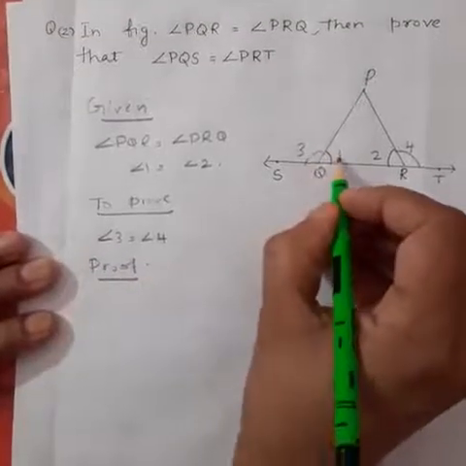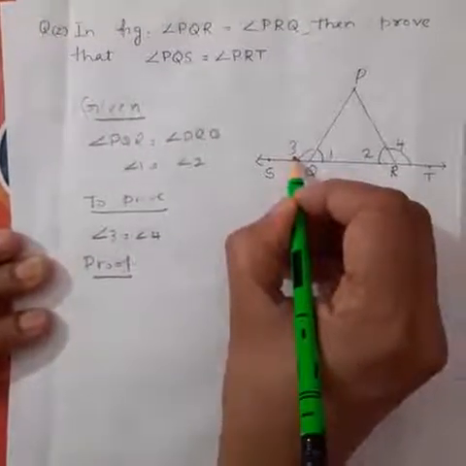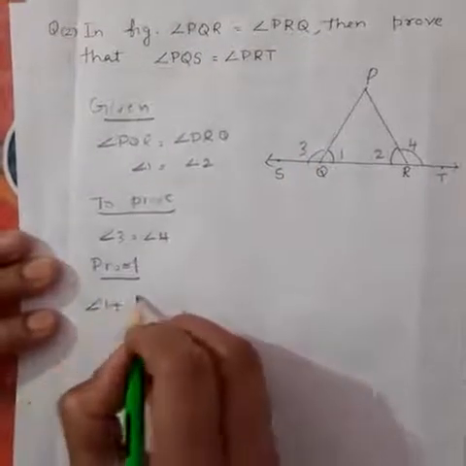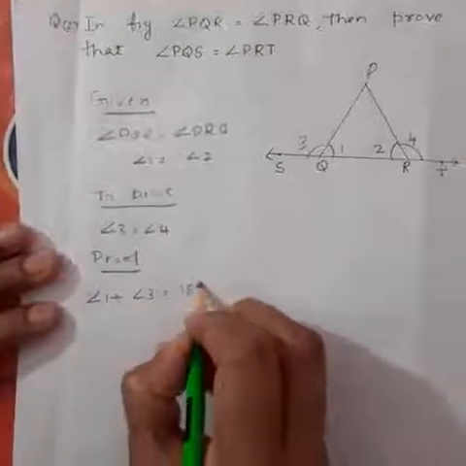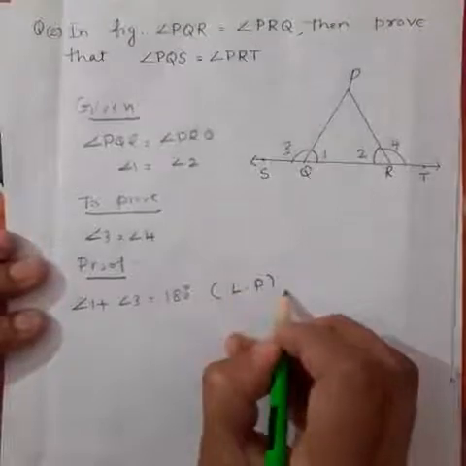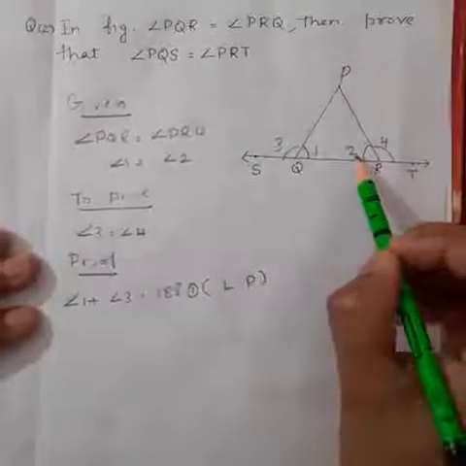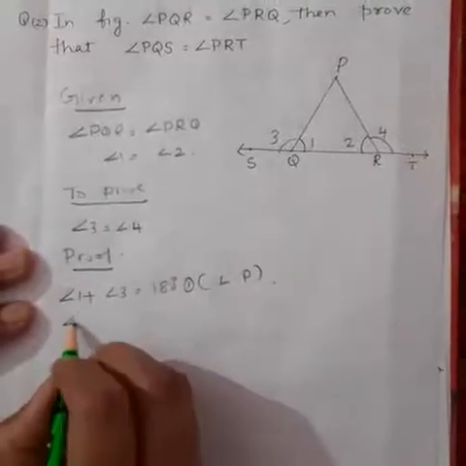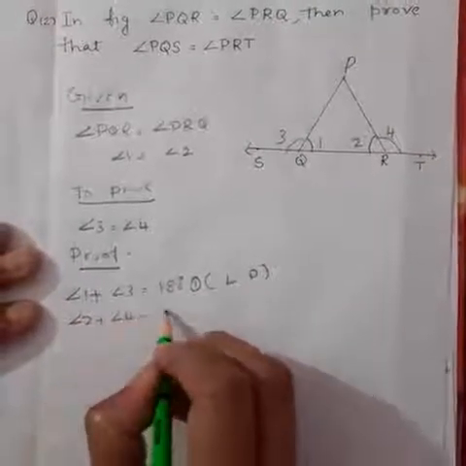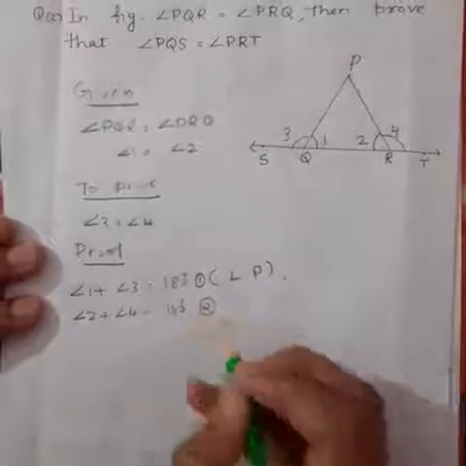Now, I told you angle 1 plus angle 3 is equal to 180, linear pair. Equation 1. In the same way, angle 2 plus angle 4 is also equal to 180 degrees. Equation 2.